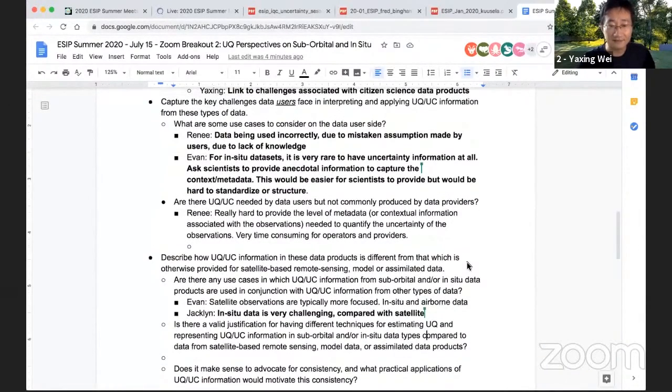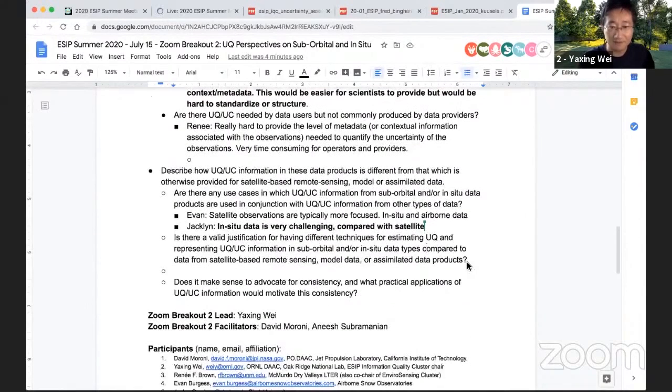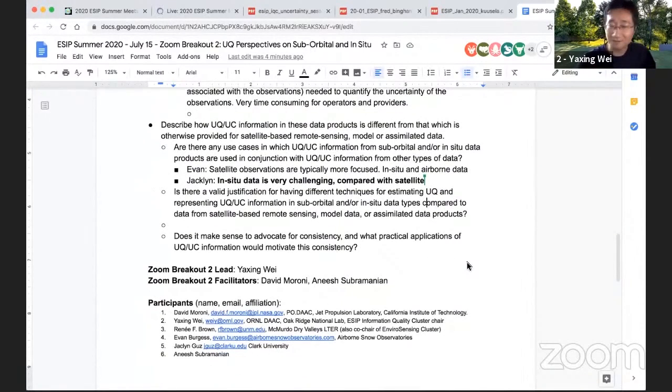And it's a need from the user perspective to have access to this kind of anecdotal information to capture such context and metadata. And then the last objective, and I think we agree that in-situ data is very challenging compared with satellite observations. Thank you.